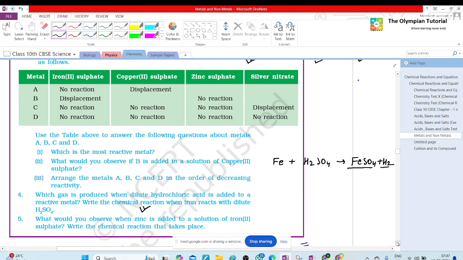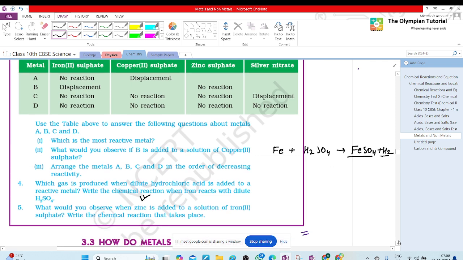Next, fifth. What is the difference when they say ferrous sulfate and ferric sulfate? Actually, iron sulfate we will take as FeSO4. Ferrous sulfate, ferric sulfate means valency of iron. If it is ferrous, valency of iron is 2, sulfate also 2, so it will become FeSO4.